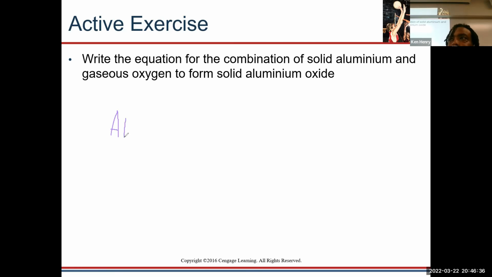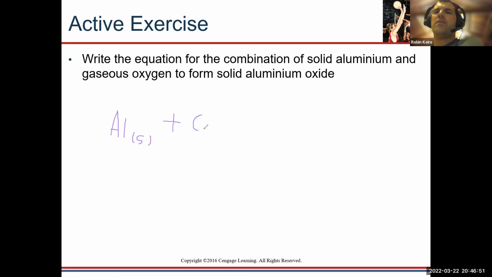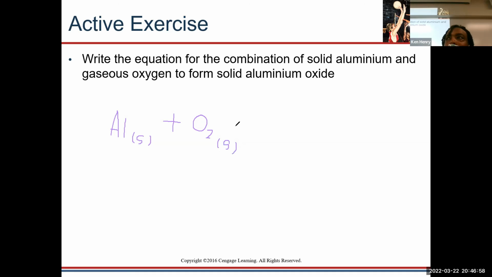Al(s), that's right. And gaseous oxygen, O2(g), that's right. And then we're making Al2O3.